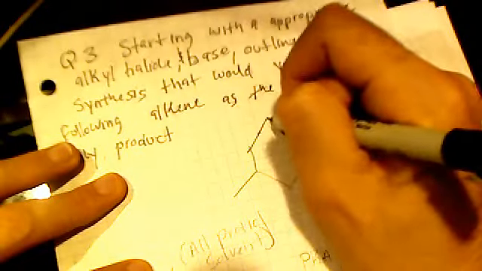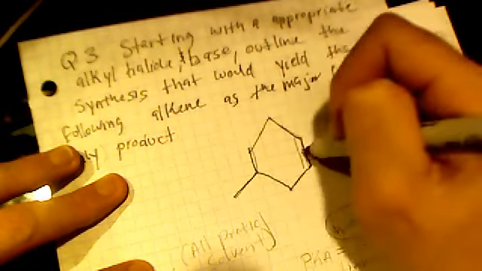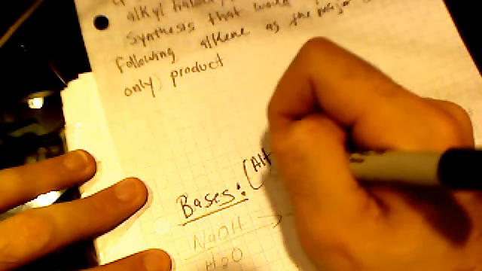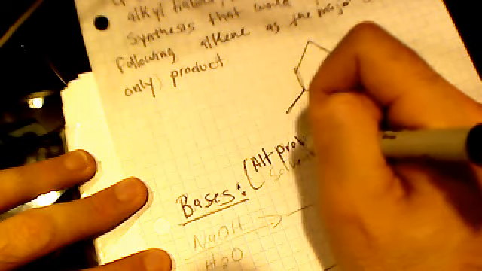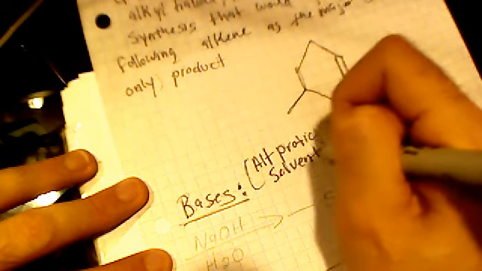So here's the alkene that they give us. And then they give us a bunch of bases, and they're all in protic solvents, right? So they give us sodium hydroxide in water.